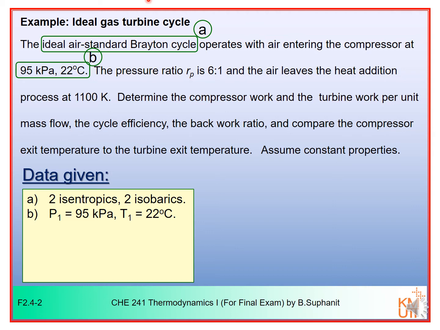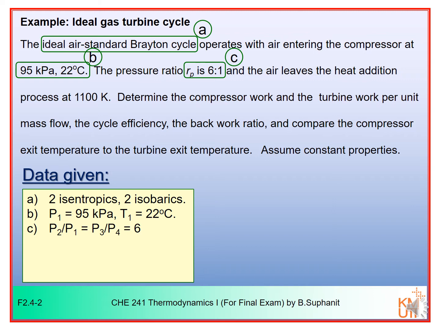Next, the pressure ratio Rp is 6. It means that P2 over P1 is 6 in the compressor and equals P3 over P4 in the turbine due to two isobaric processes.